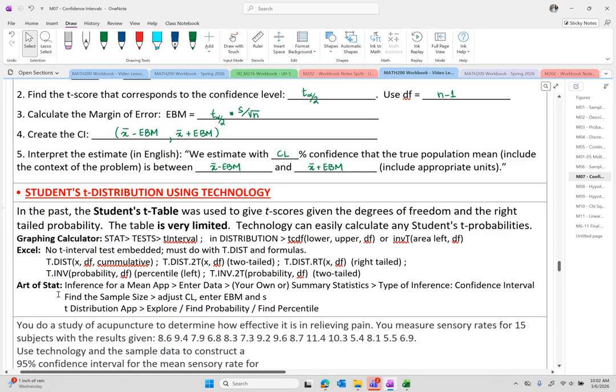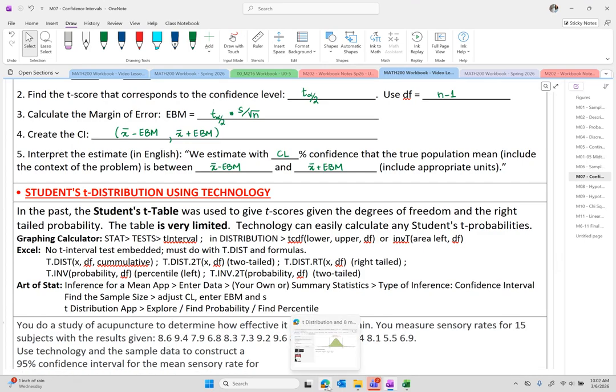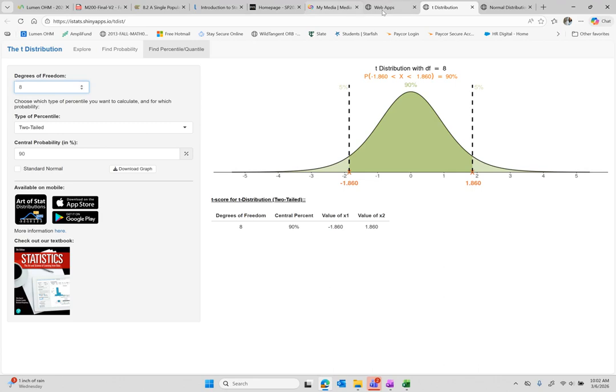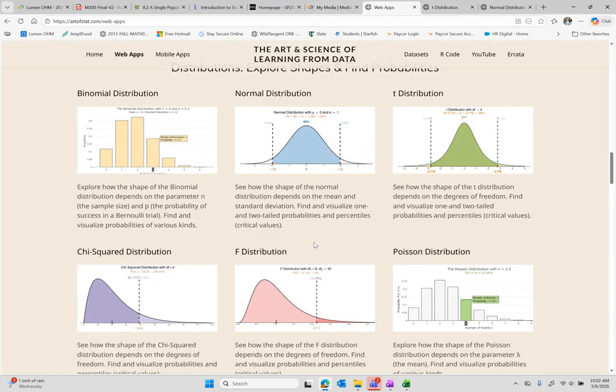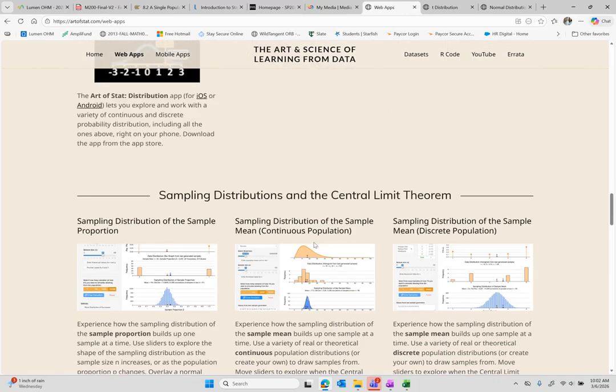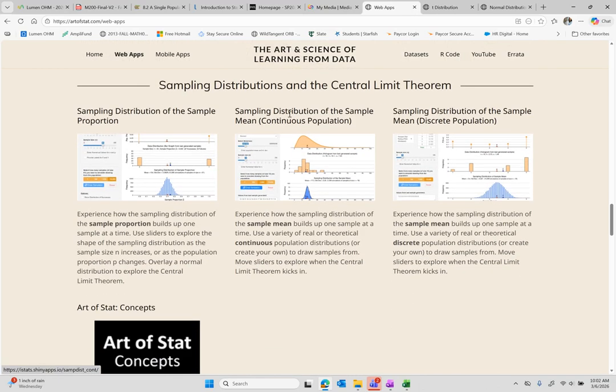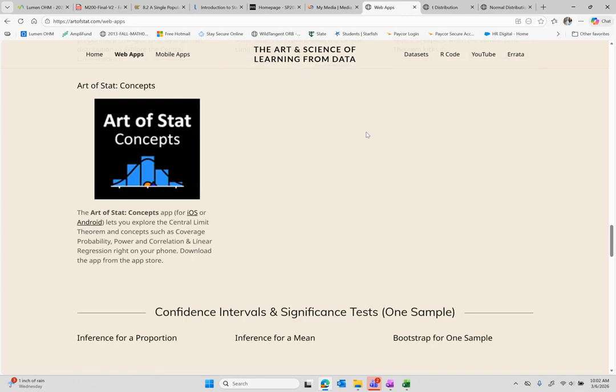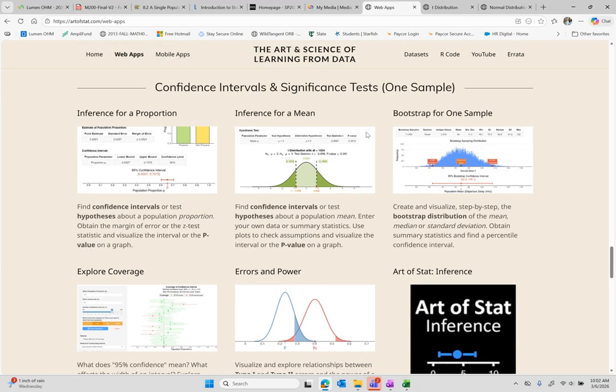ArtofStat does not have a confidence interval when the normal distribution is used, but it does have an app for the confidence interval when the t-distribution is used. For that, you have to scroll down to sampling distributions, and actually no, I think we have to scroll even further down. We want to go to the inference for a mean over here.